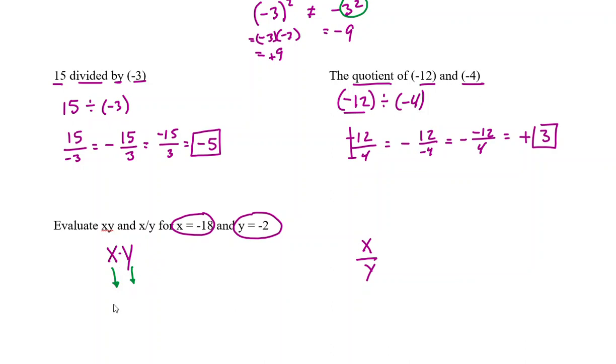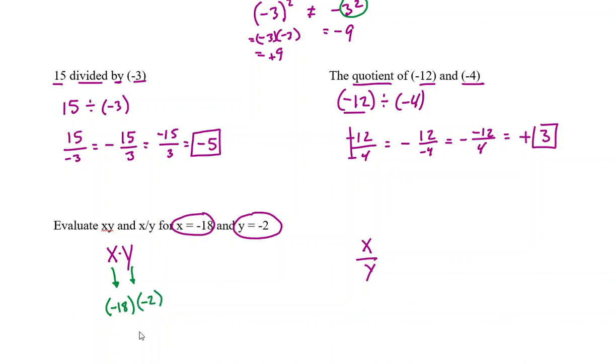So x becomes negative 18, and I put a parenthesis around it just in case there's something confusing going on. That would make it unclear what we're doing if there wasn't a parenthesis there. And you can see how it would be unclear if I didn't put a parenthesis around the y value. y is negative 2, so parenthesis around negative 2.